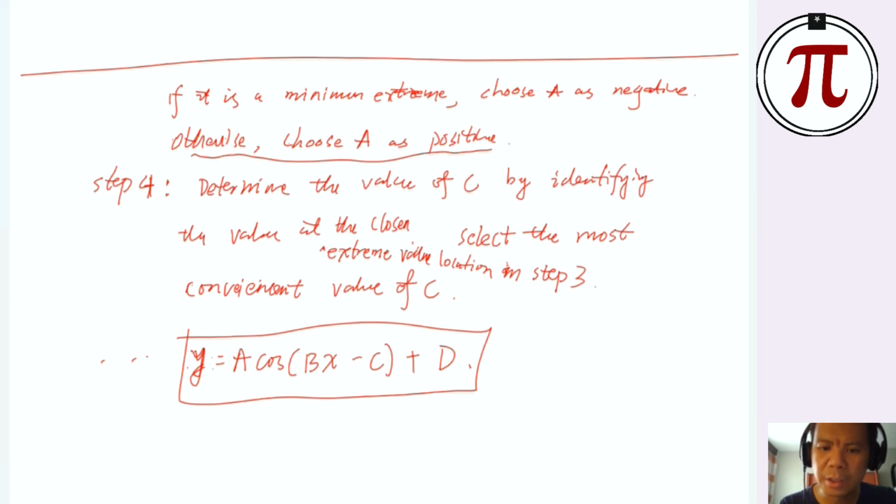Okay, this is better. Identify the value at the chosen extreme value.